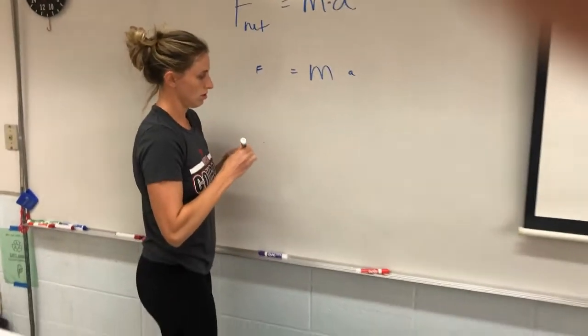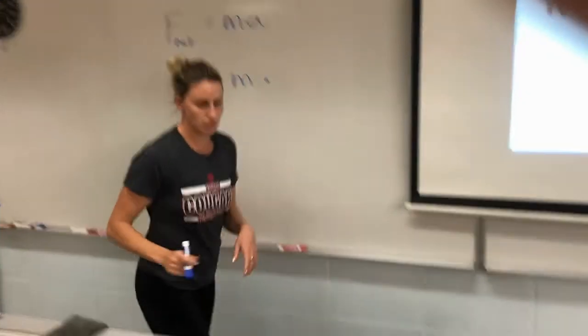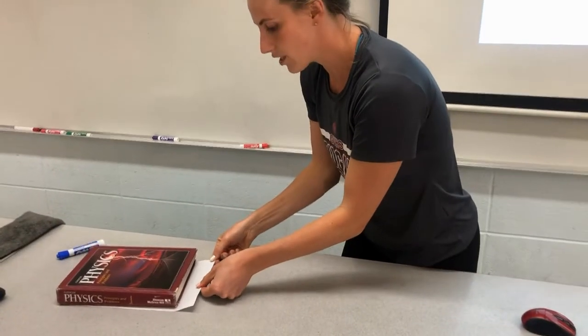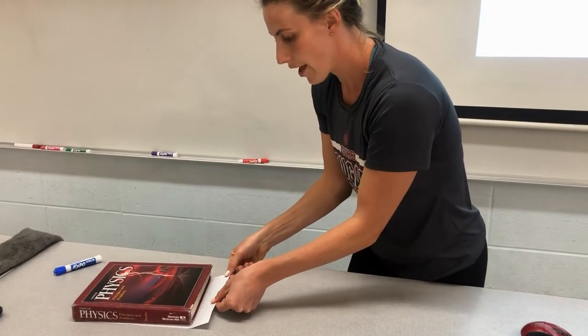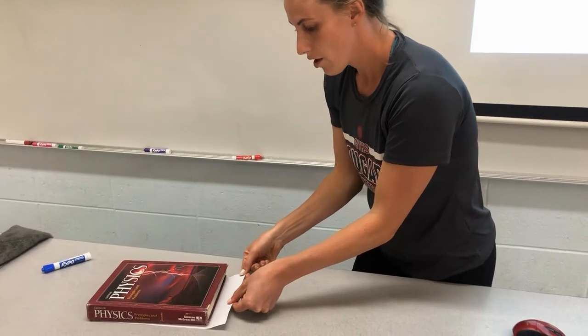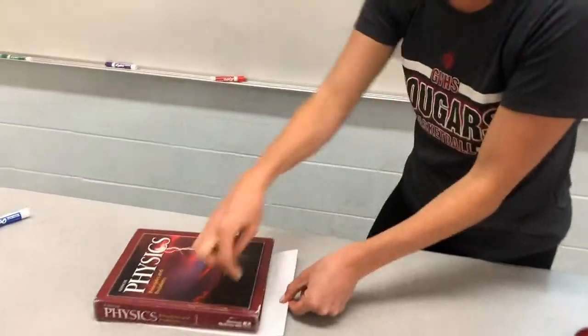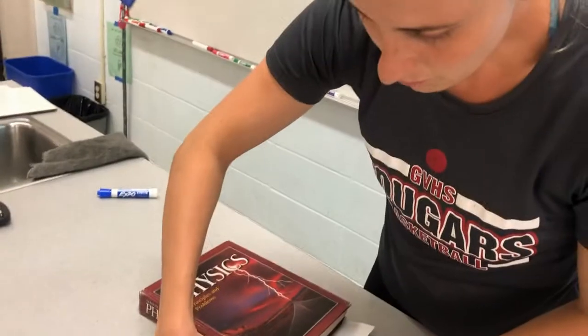That wasn't a very big acceleration when you were pulling slowly. So if we have a really small acceleration, the force can be really small as well. It only takes a very small force of friction.